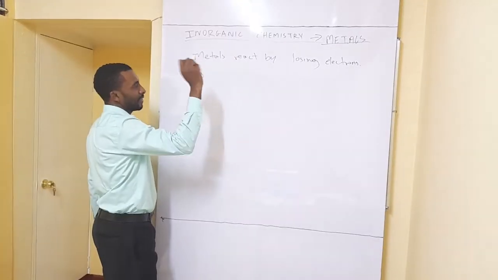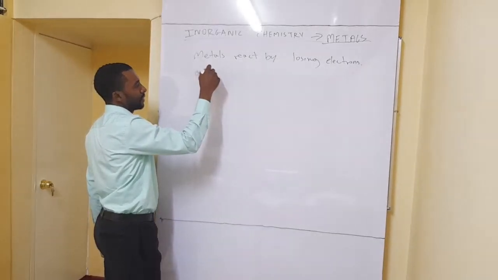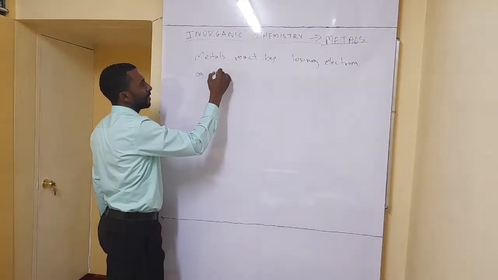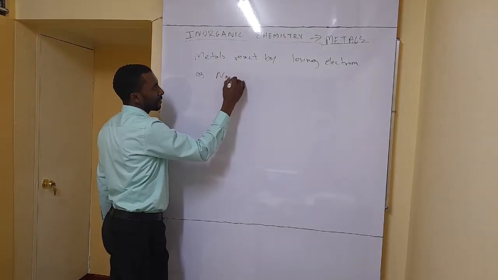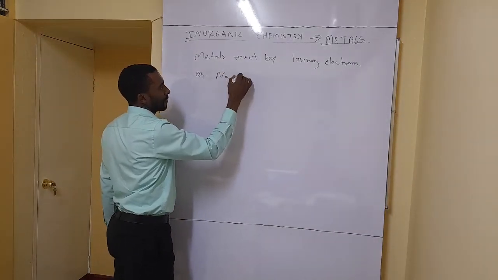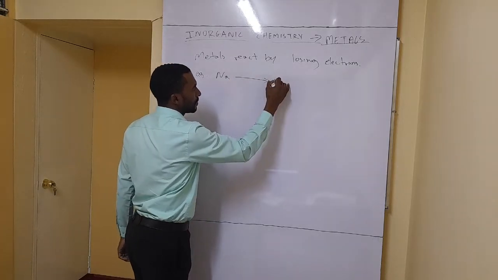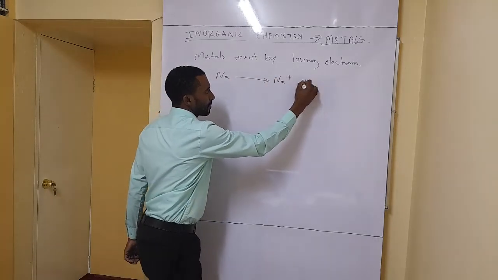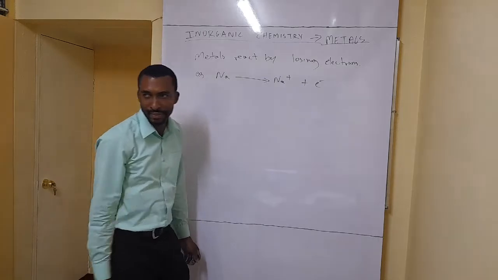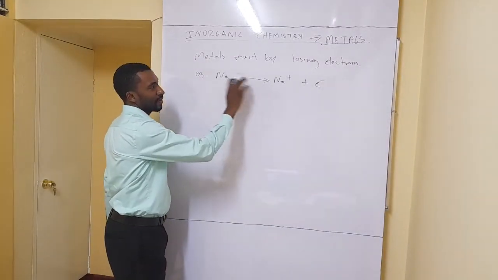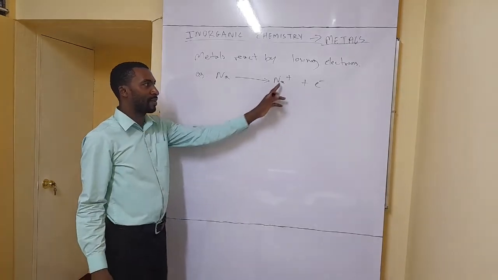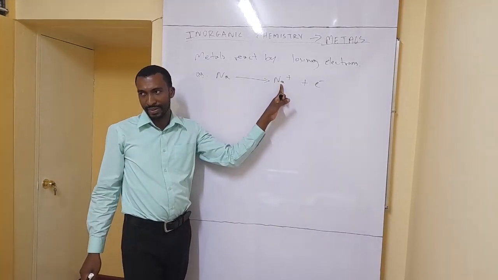I lose electrons. For example, if we have sodium, it would become sodium plus an electron. So you can see that it's going to be losing electrons to form the sodium compounds.